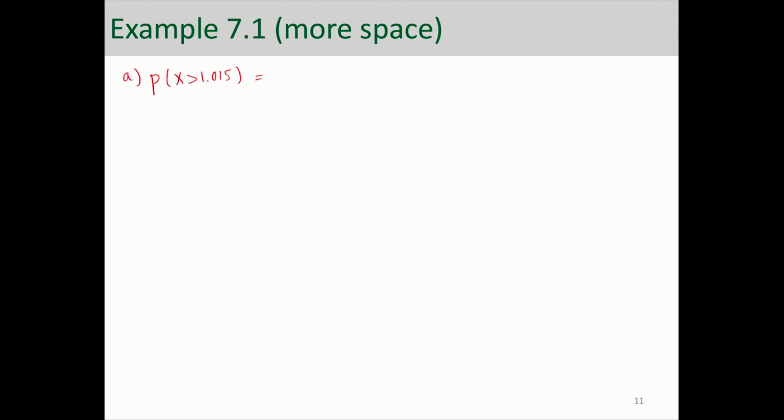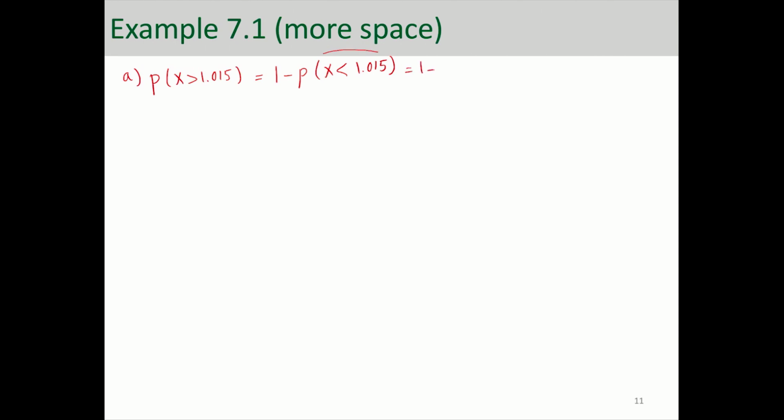Because it's normally distributed, we need to change this to standard normal. The first step that I would do is to change this to 1 minus probability of x less than 1.015, because later we need to use the normal distribution table, and that is a cumulative distribution, so you would have to have a probability in terms of CDF.